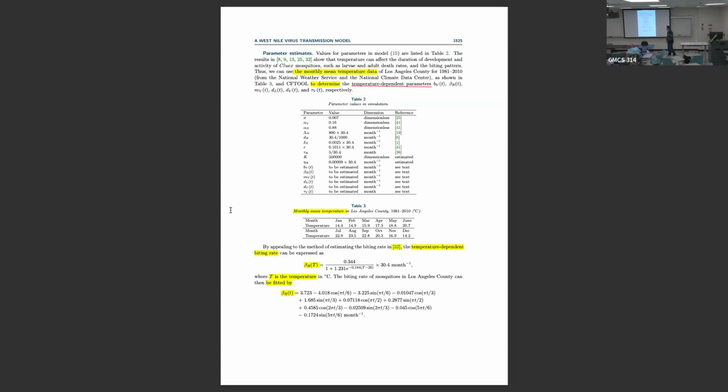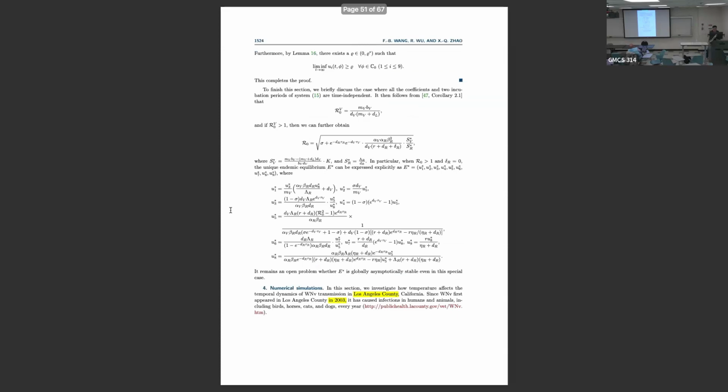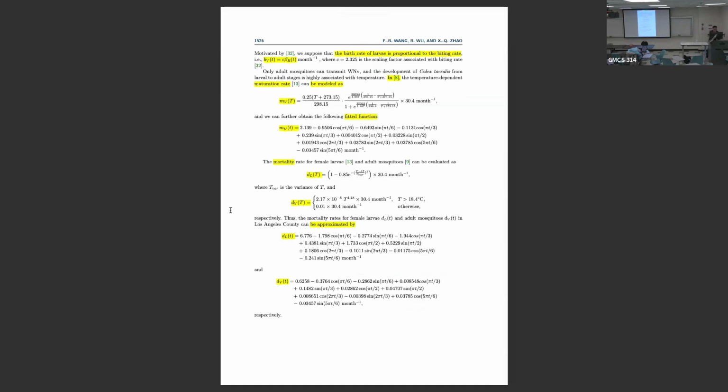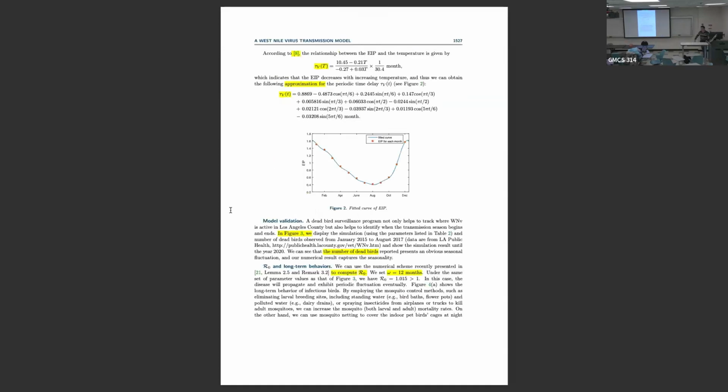Yes. Some are fitted, and some data come from other papers. And here, I mentioned the incubation is time periodic, so it should also be fitted.